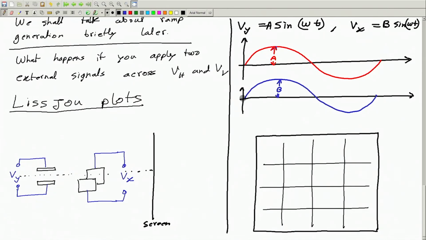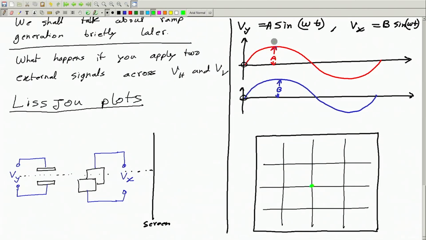Say at t equal to 0, the vertical y position should be 0 and the x position should also be 0. So the spot will be here at the center. Then as time increases, the y position increases, the x position also increases, and you see y position and x position are proportional to each other.